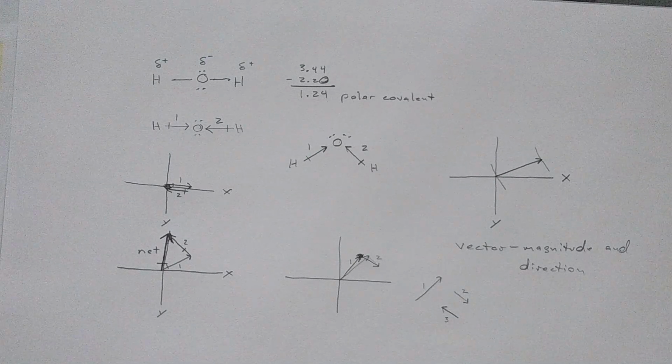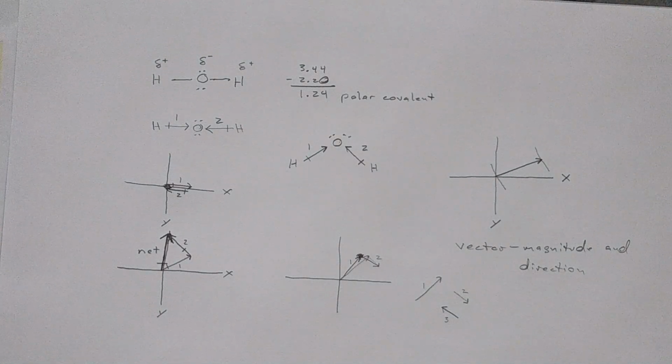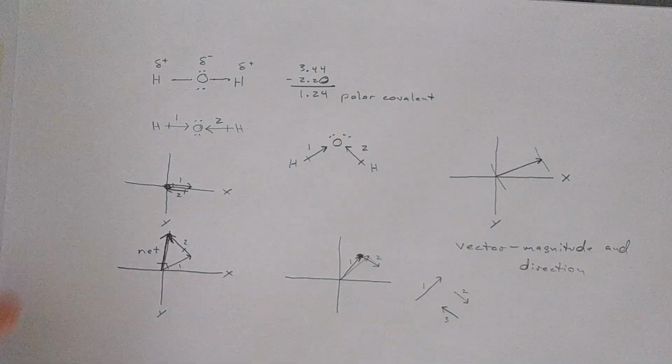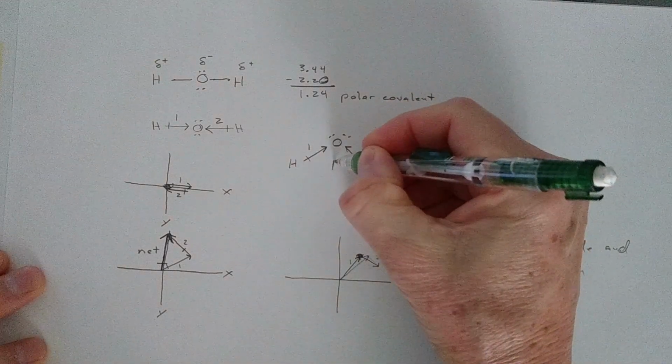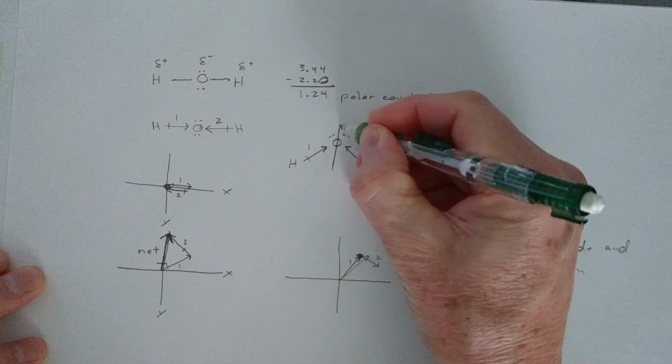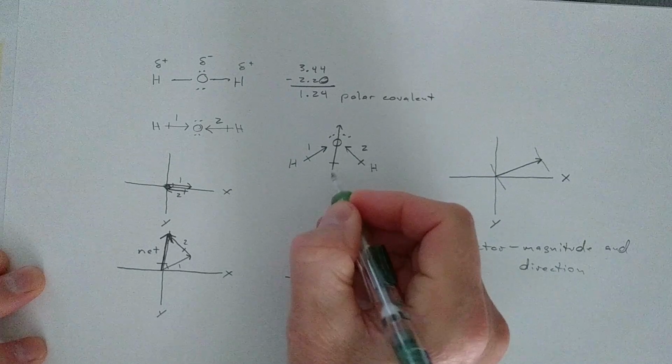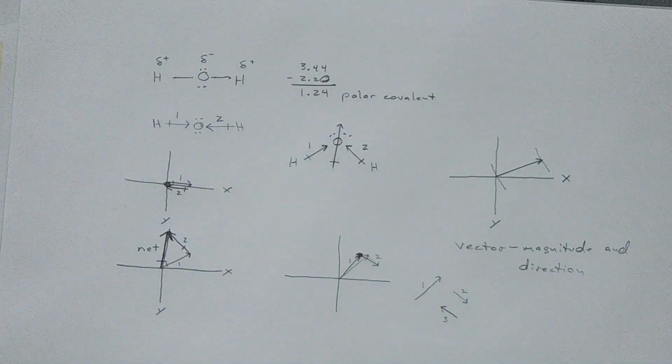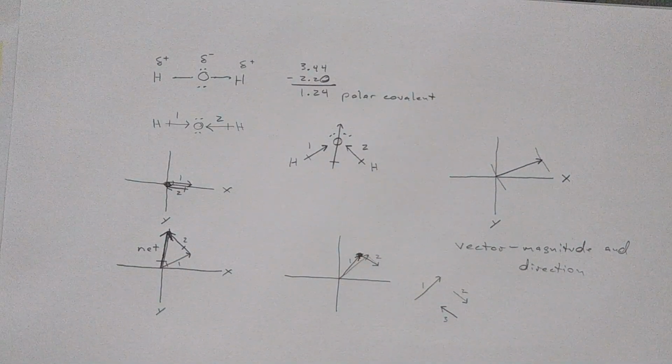So what I will do is I will place this net vector on the Lewis structure that I have drawn, and the net vector for a water molecule is drawn as so. So by drawing the Lewis structure in this bent geometry, we're able to add the vectors and see that indeed there is a net vector.